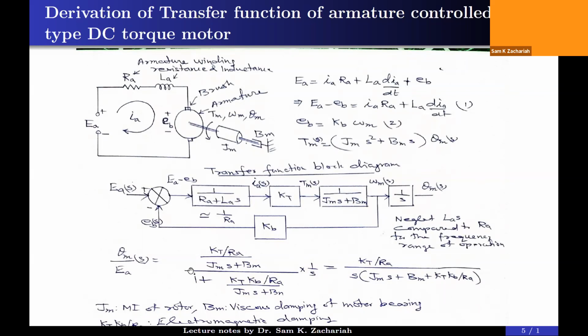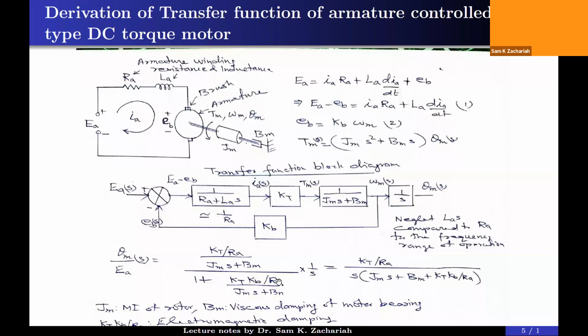So what is the net transfer function between theta m and EA? That is theta m(s) divided by EA(s) equal to 1 by S, which I had taken outside. This alone is G in the forward path, H in the feedback path. So G by 1 plus GH. Here H is nothing but KB.